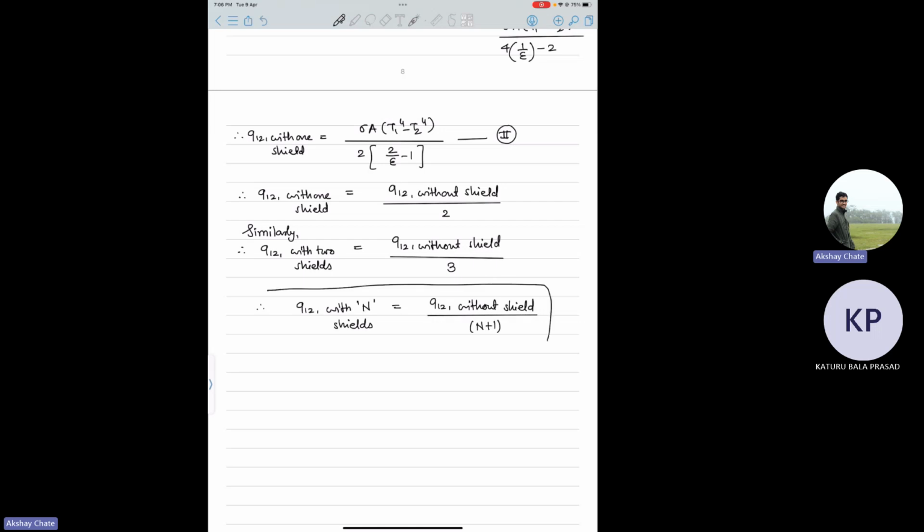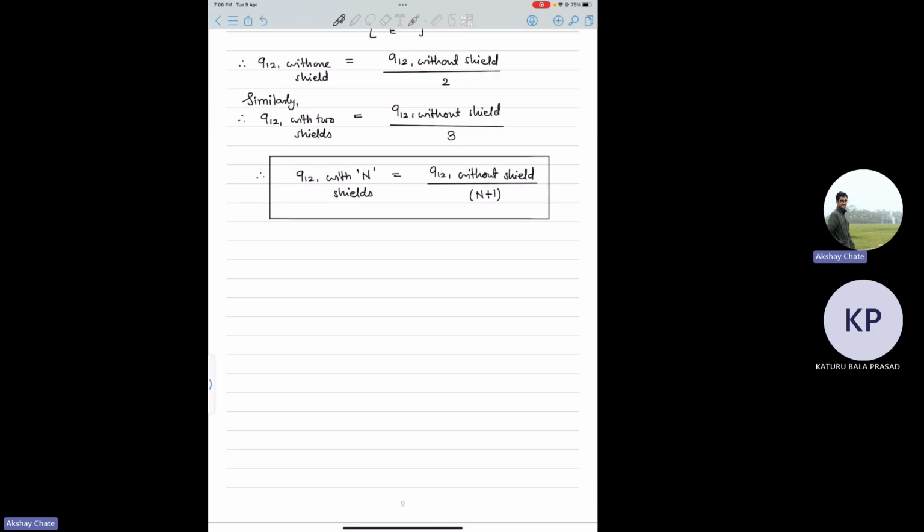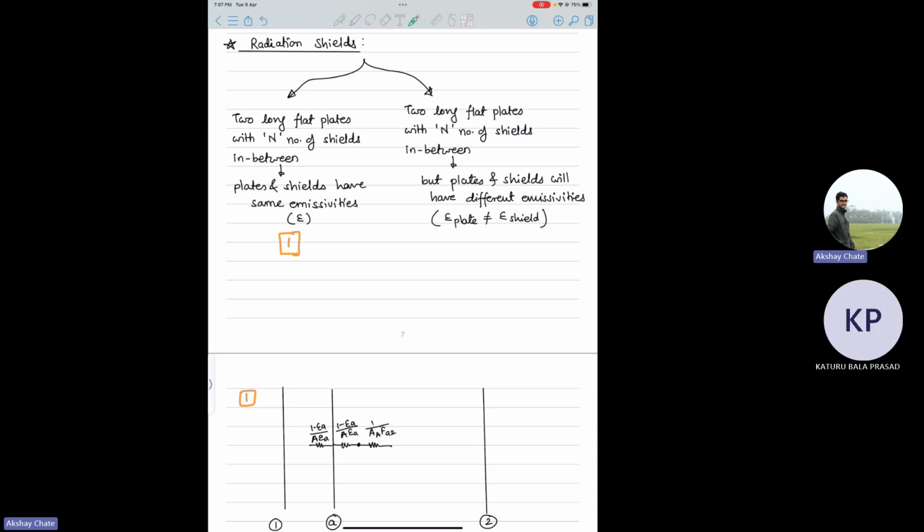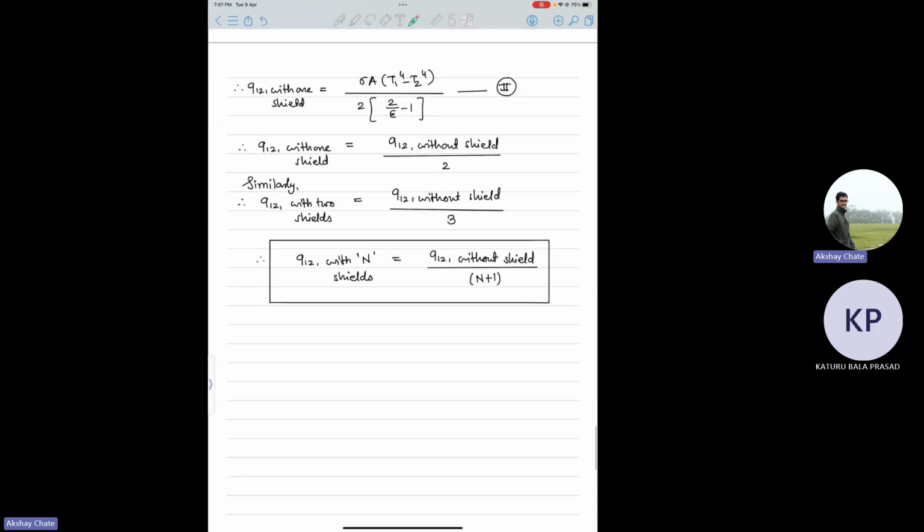So you should remember this, and sometimes in problems you directly have to use it. Okay, so this is one case. Keep in mind that the emissivities are all the same here. Only then do you get a simple formula like this, which you have to remember.